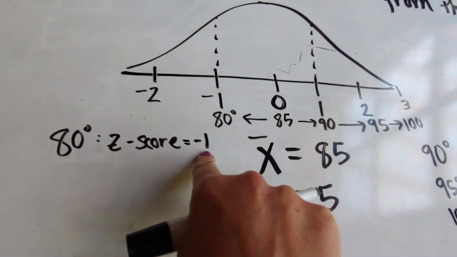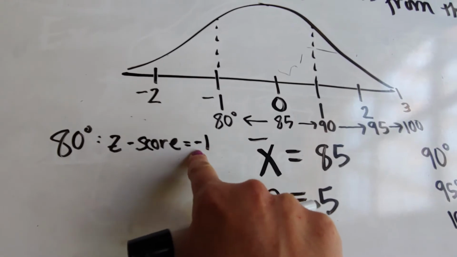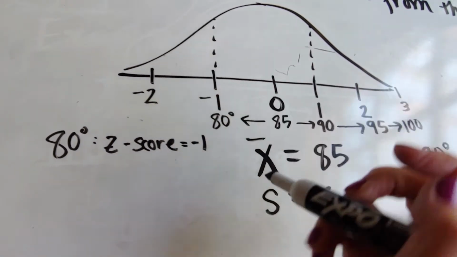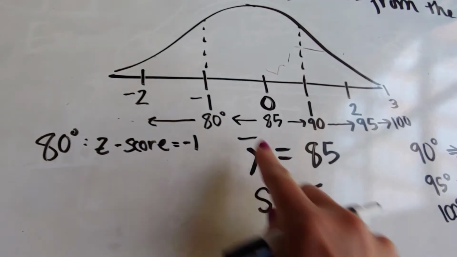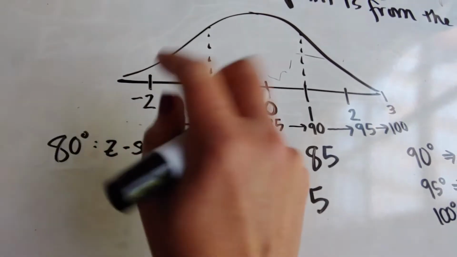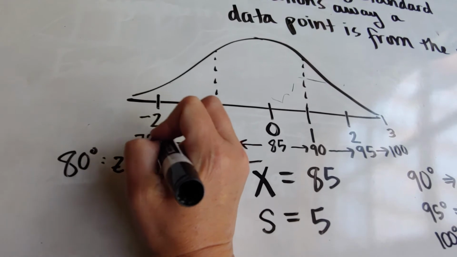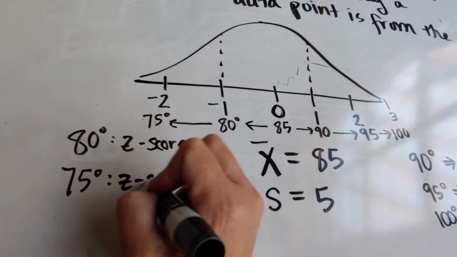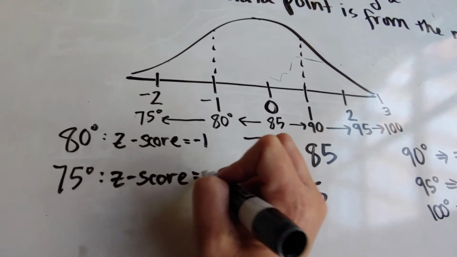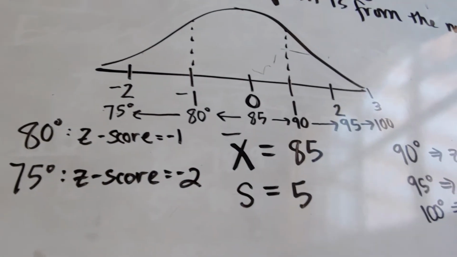The 1 is telling us that it's 1 standard deviation away, but the negative is saying to the left or below. All right, if I was to subtract 5 one more time, I'd be at 75 degrees, so 75 would relate to a z-score of -2.